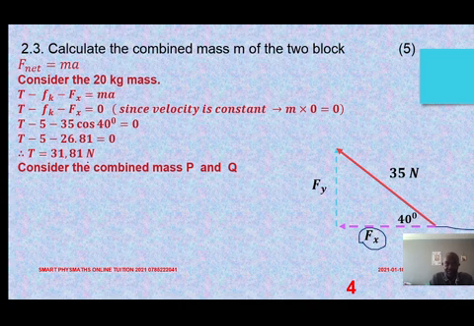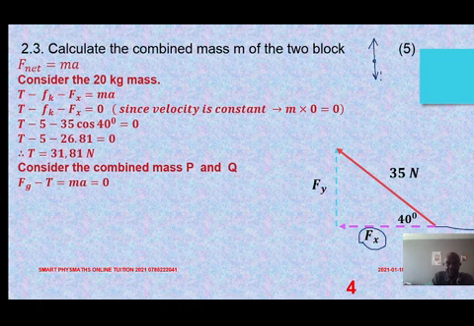So after getting our tension, we can now get the mass, because it is moving at the same speed with the same tension. Now, if you remember, our combined mass is going down. Because it is going down, our tension, which is pulling upwards, is being opposed by the gravitational force Fg.